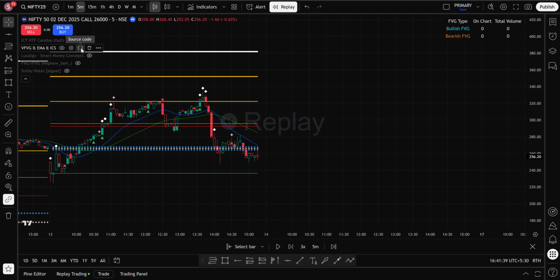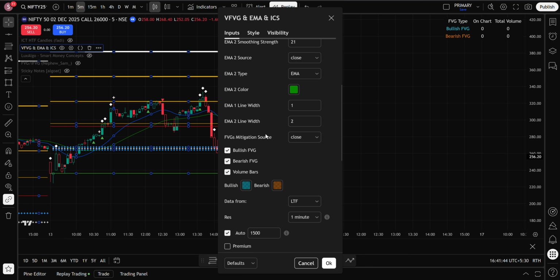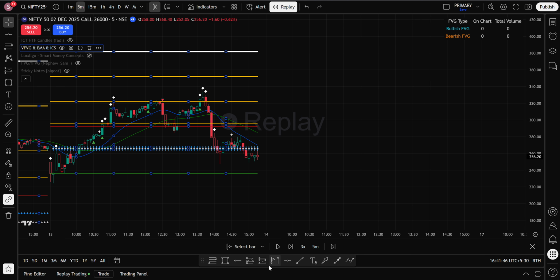So let us see. If you see here, no green box, no red box is generating, which means people are not so aggressive to buy or sell. Let it go.